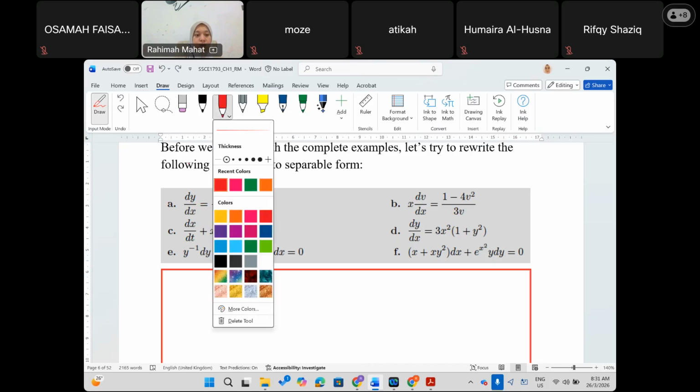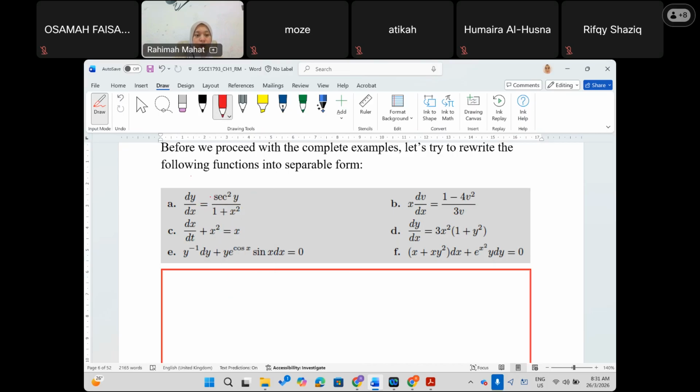Your y, you put on the downside, and your x, you move to the other side.